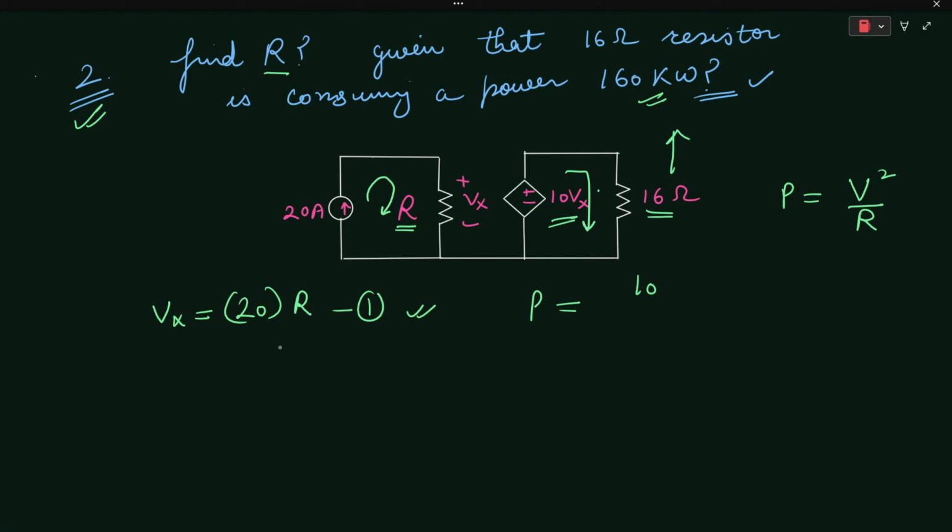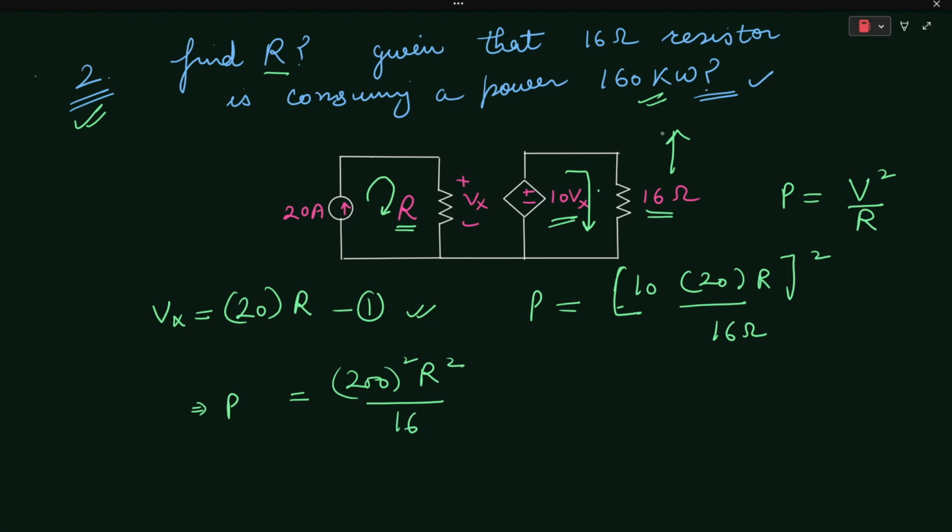Vx is already given to be 20 into R, the whole square, divided by the resistance, which is 16 ohms. So P will be equal to 200 square R square over 16. In the question, it is already given that P is equal to 160 kilowatts.